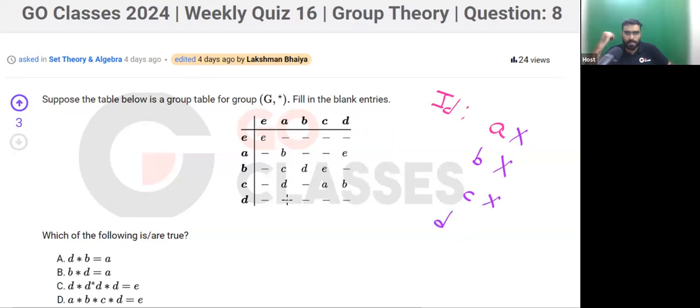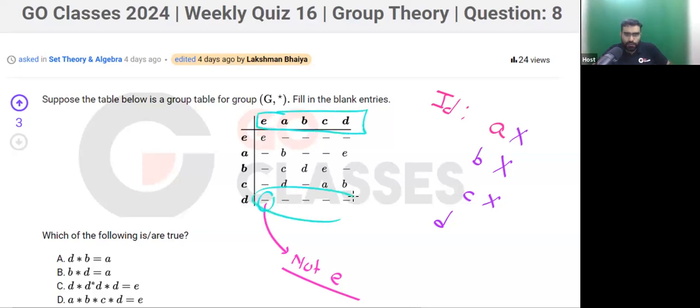What about D? D is possible, right? But see, can you put E here? No. In this column, you cannot repeat, so E will not come here. I can say this is definitely not E. If this is not E, then this header is different from this row.